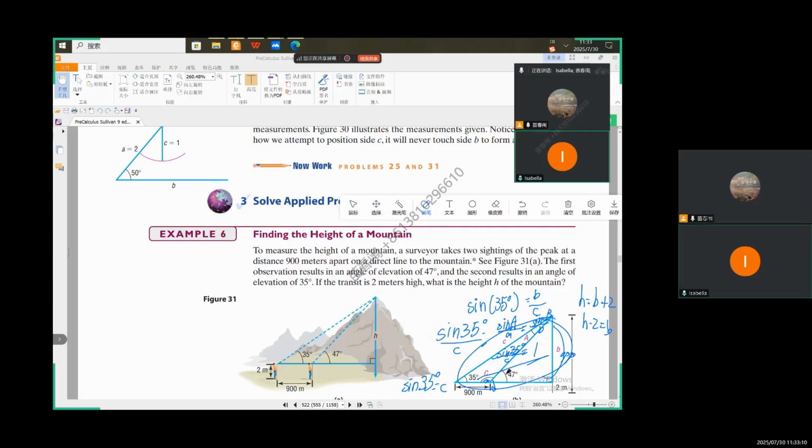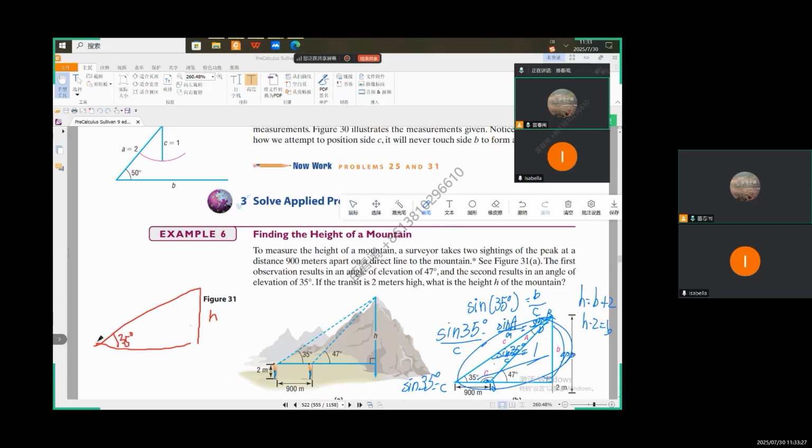Oh no, I'm sorry. This is the first time we're dealing with that. Basically, they have 3 triangles, right? The key here is finding this height and then plus 2, right? And we have 35 degrees.